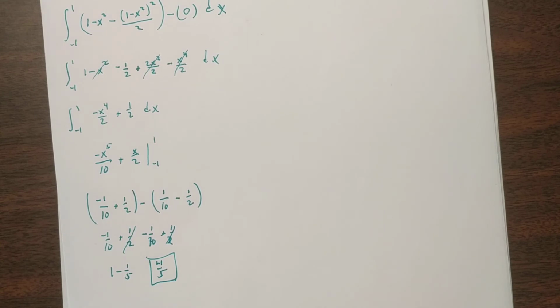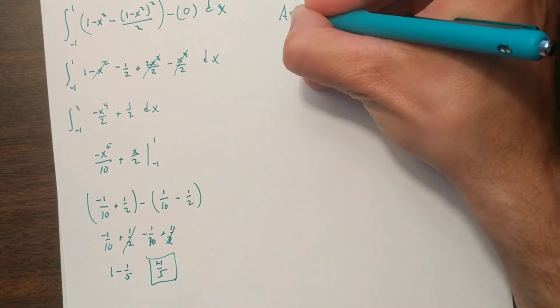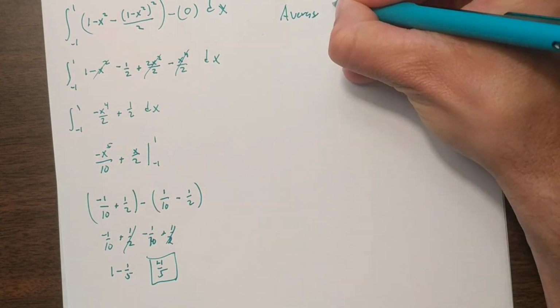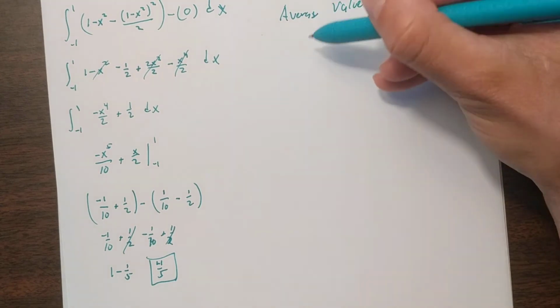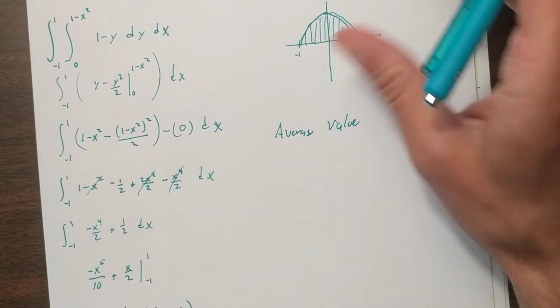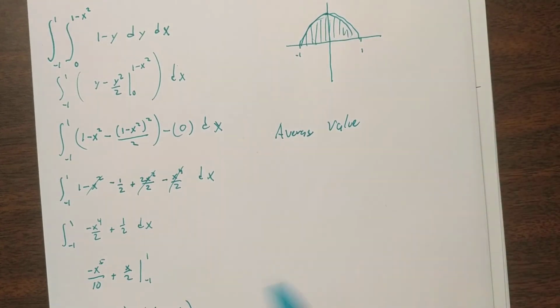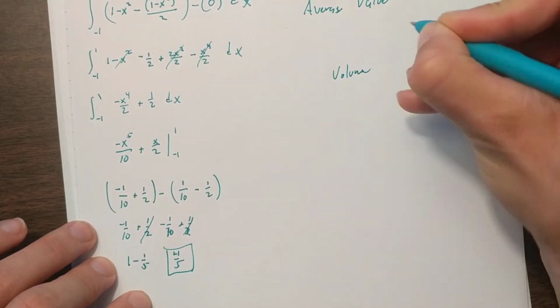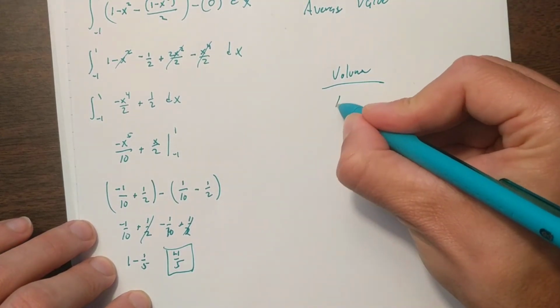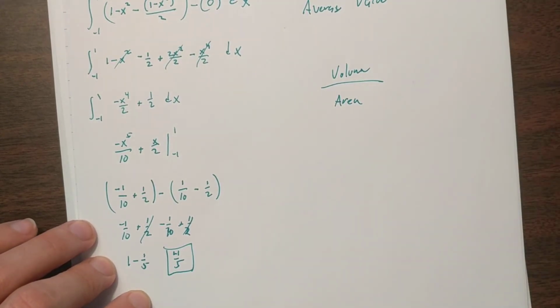One little extra thing: remember the average value. If I wanted the average value over this surface, if it's this volume, you would take the volume and you would divide it by the area of the bottom.